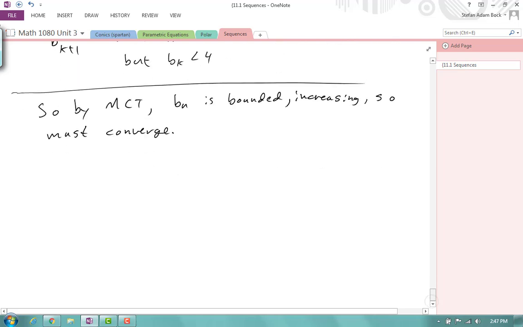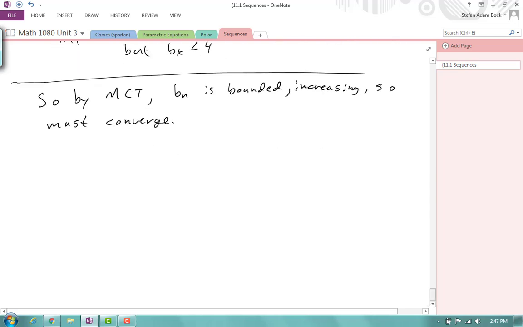Well, we can actually try to find out what this does converge to, because we know that it converges. We know that the limit as n goes to infinity of b sub n is equal to some number out there, it's equal to L. But I know that the limit as n goes to infinity of b sub n, well, b sub n is the square root of 2 plus b sub n minus 1.